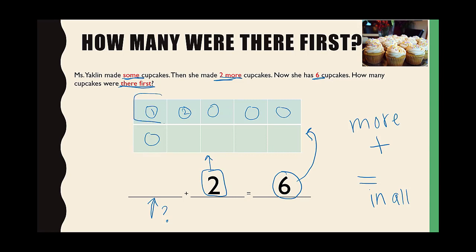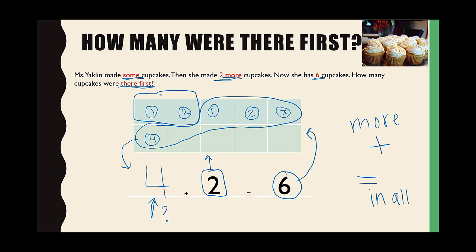So this is what I added, and then the rest should be what I started with. So let's go ahead and count those dots. See how many cupcakes did I start with? 1, 2, 3, 4. So I started with 4 cupcakes. So I'm going to take that number and I'm going to put it right here in my math sentence. We're going to go ahead and read this math sentence. 4 plus 2 equals 6.